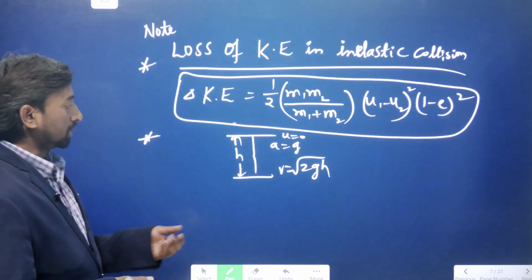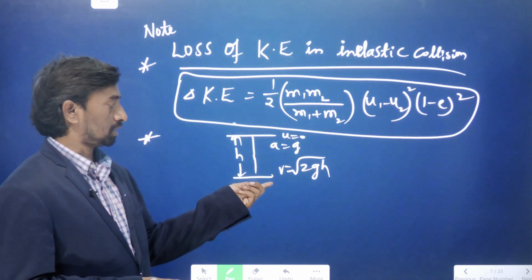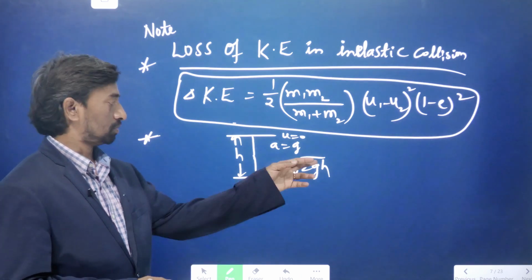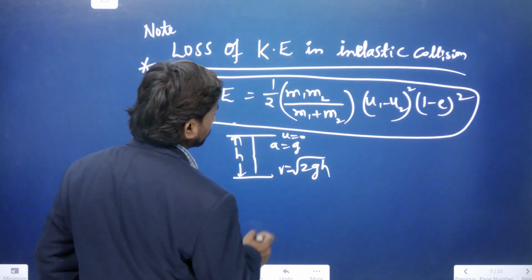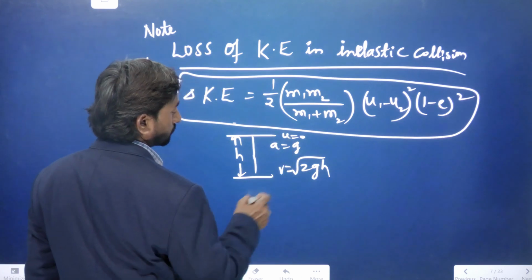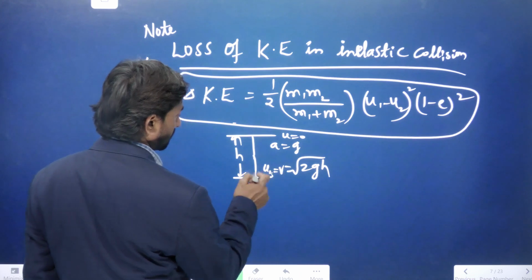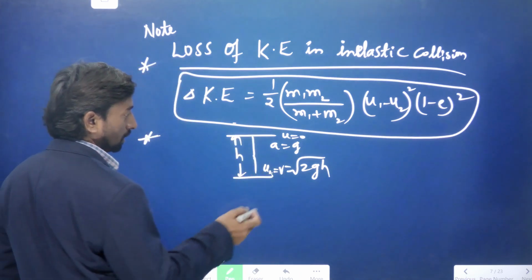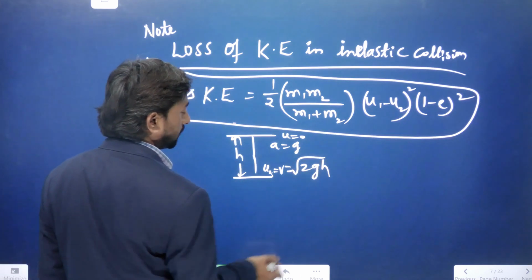Because of the collision, there may be a loss in the velocity, so v1 will be different. This is u1, and you can write this as u2, because this is the velocity of approach. Then after rebounding, it will rebound up to a certain height.